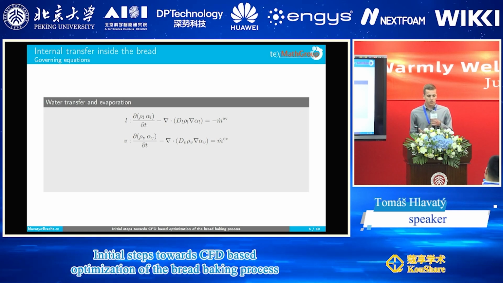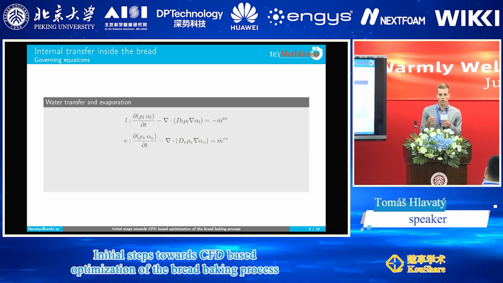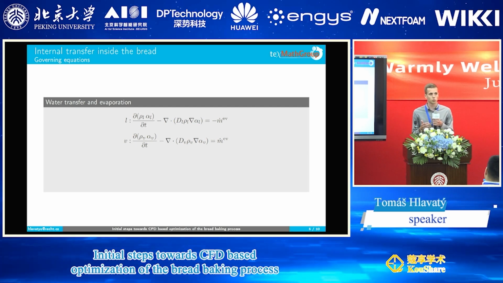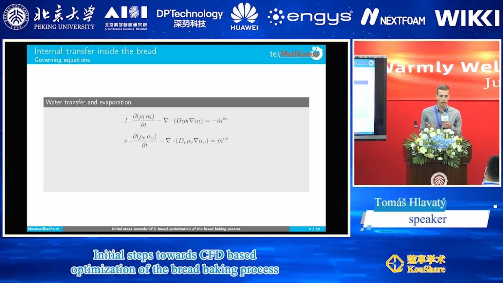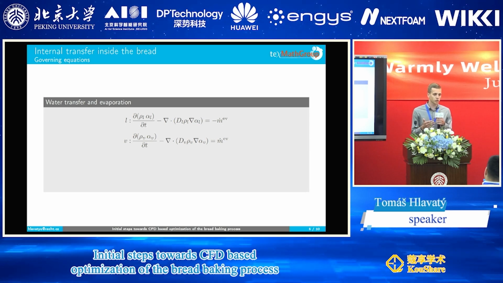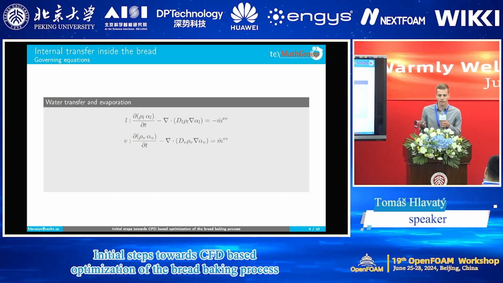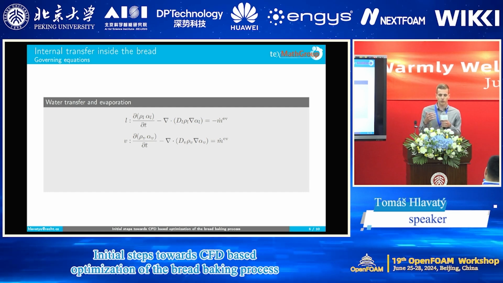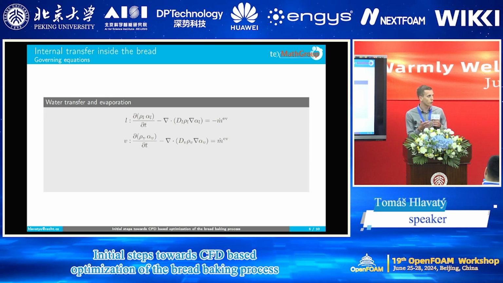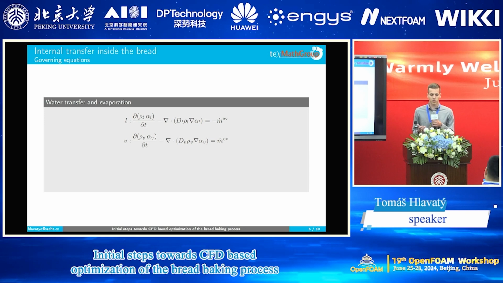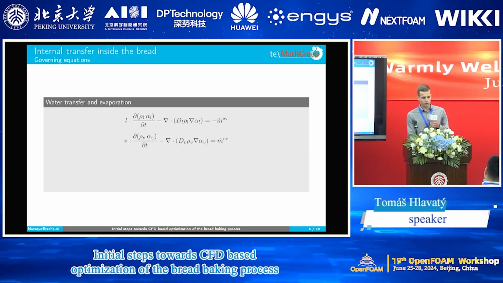Considering mass transfer, the first thing that I would like to emphasize is that as we do not assume bread deformation so far, the CO2 formation and transfer is not very interesting and important, and really from our point of view, only water transfer and evaporation inside bread is important.